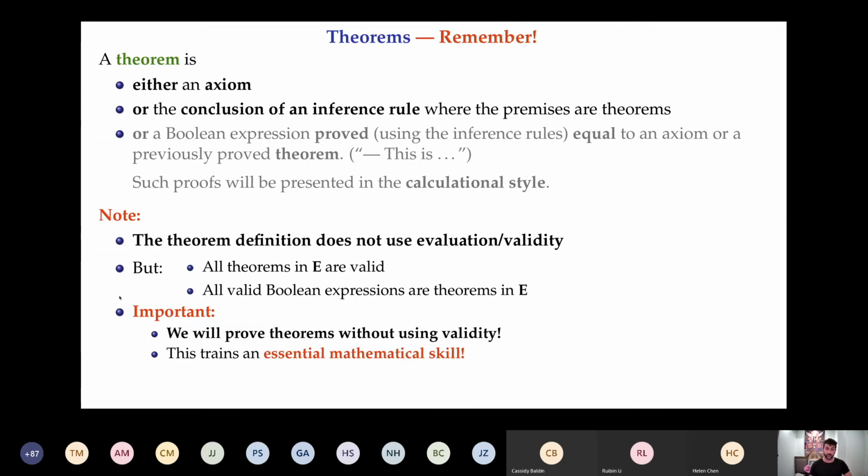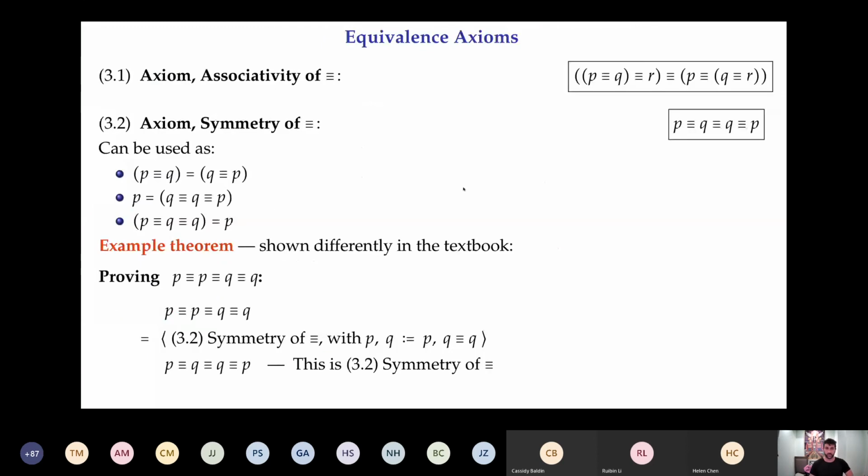We're going to be doing things algebraically. We're not going to be doing things with regards to states. If you want to show two expressions are equal, you don't have to look them up for every variable and check that they're equal on every variable. You just see if you can apply a number of these equational rules to reduce to true, for example. That's the approach we're going to take in this class.